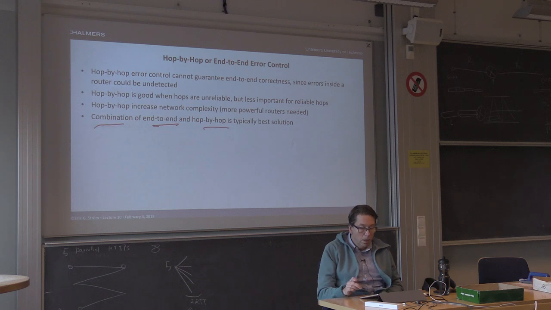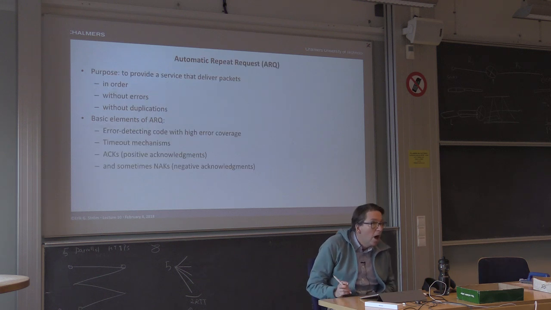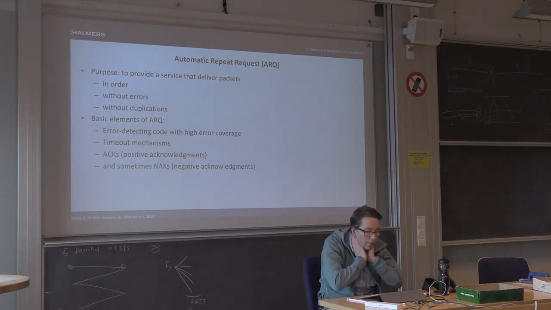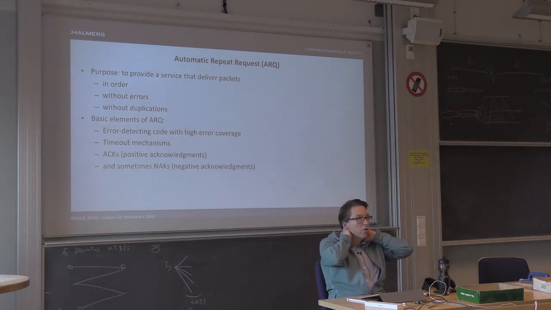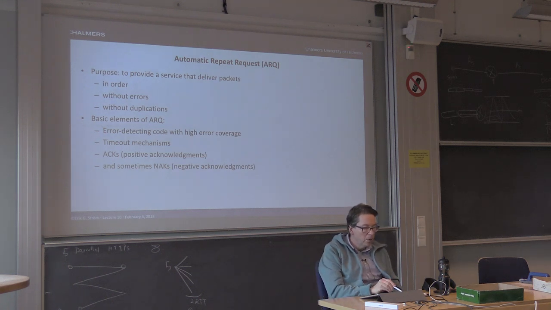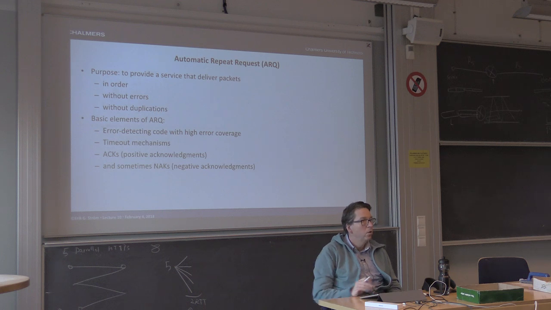Right. So now let's get into how we can do error control, or how we can guarantee a reliable service. As a matter of fact, we would like to provide the following service: a service that delivers packets in order, without errors, and without duplications. Okay?